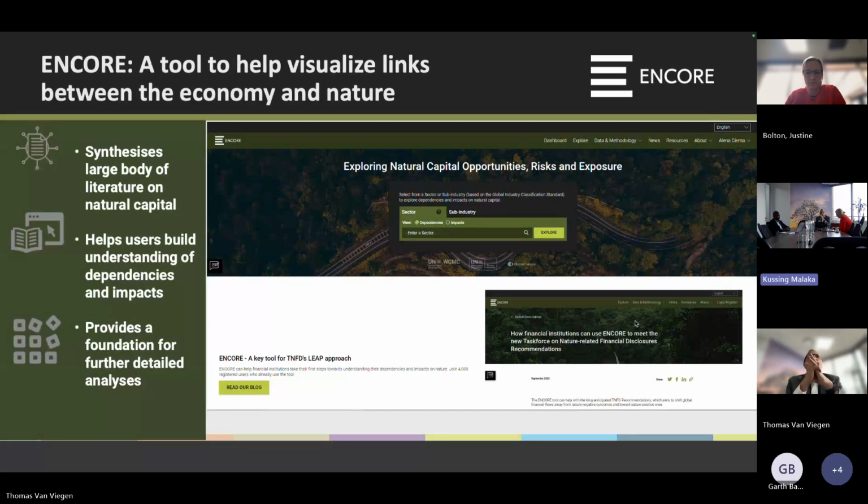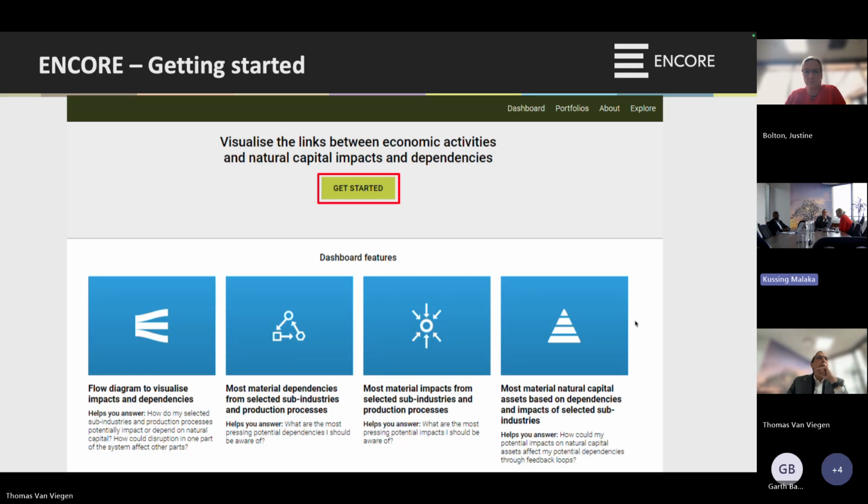So if you log on to www.encore.nature, I believe the website is, I have it at the end slide, you get to the Encore dashboard. It's free for everybody to use. It's a free resource. You just have to create an account, and then you can start exploring the tool. There's a button that says Get Started. That helps you to visualize the links between economic activities and then impacts and dependencies, as I've illustrated.